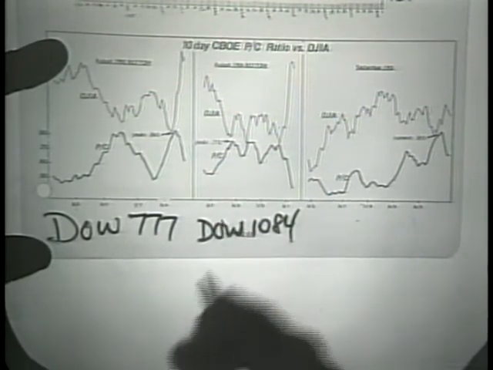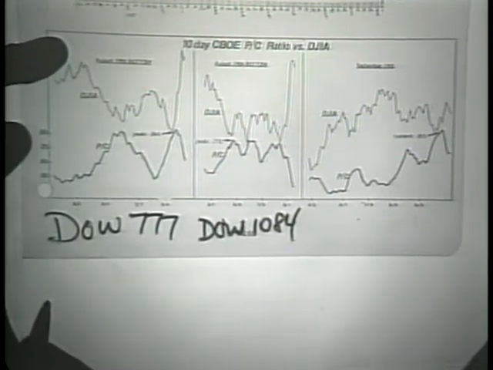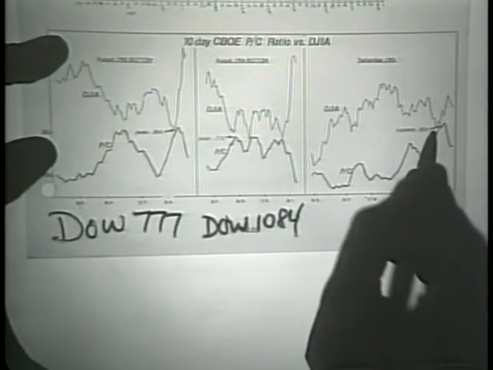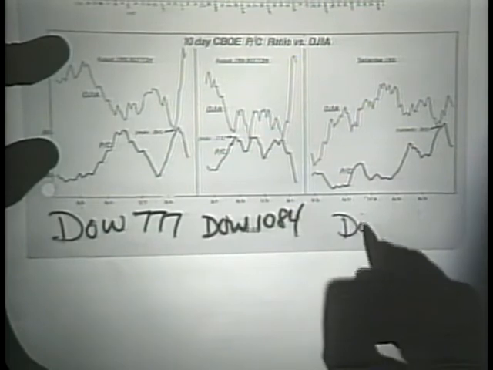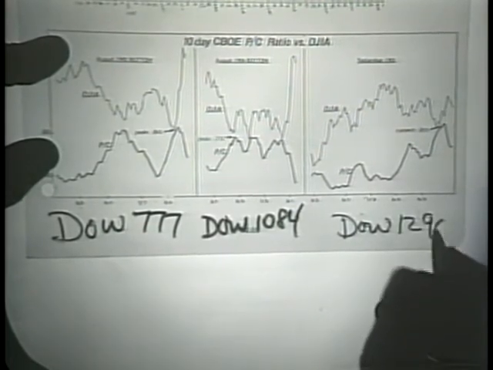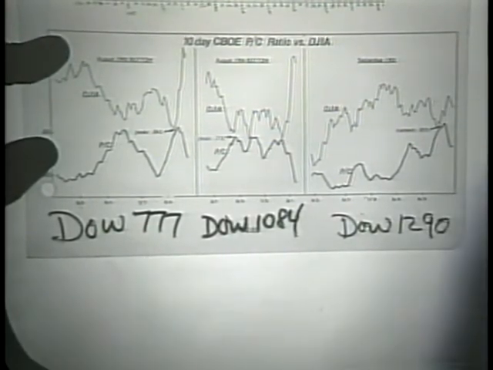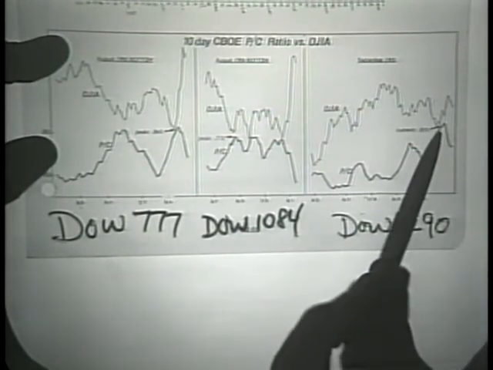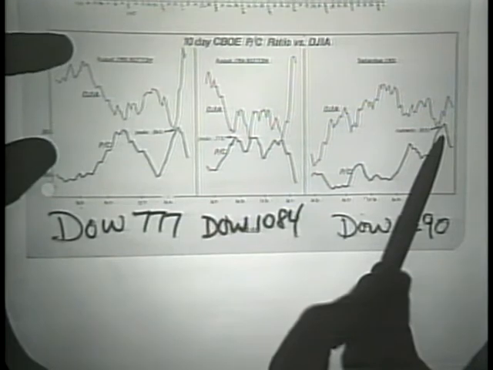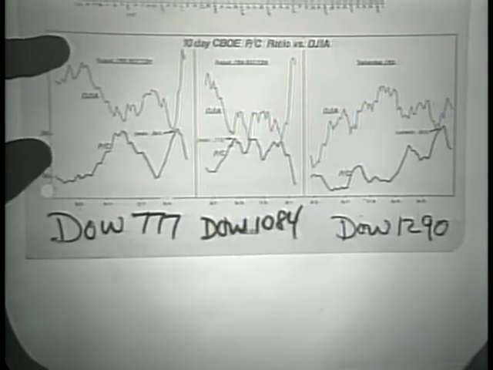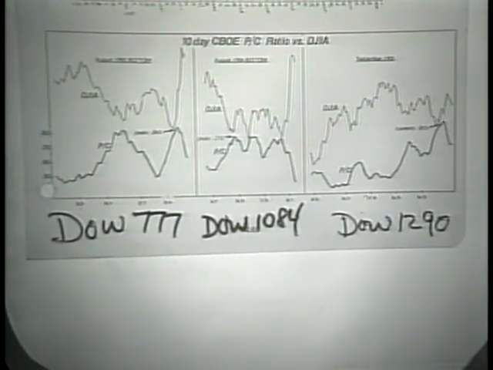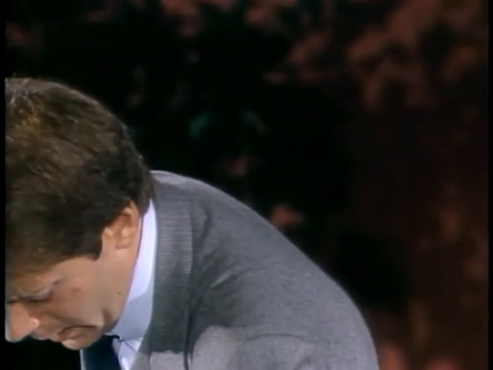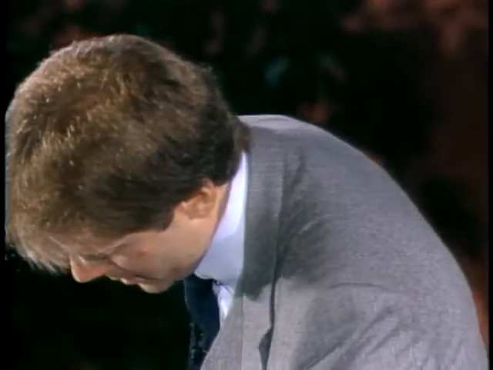And finally, at the low that we've seen here in September of 1985, the Dow is at 1290, 500 points off the August 82 low, and the 10-day CBOE went to a new high, reflecting even more pessimism. That's classic wave 2 action. That's wave 2 pessimism. This is wave 2 optimism, because it works both ways.